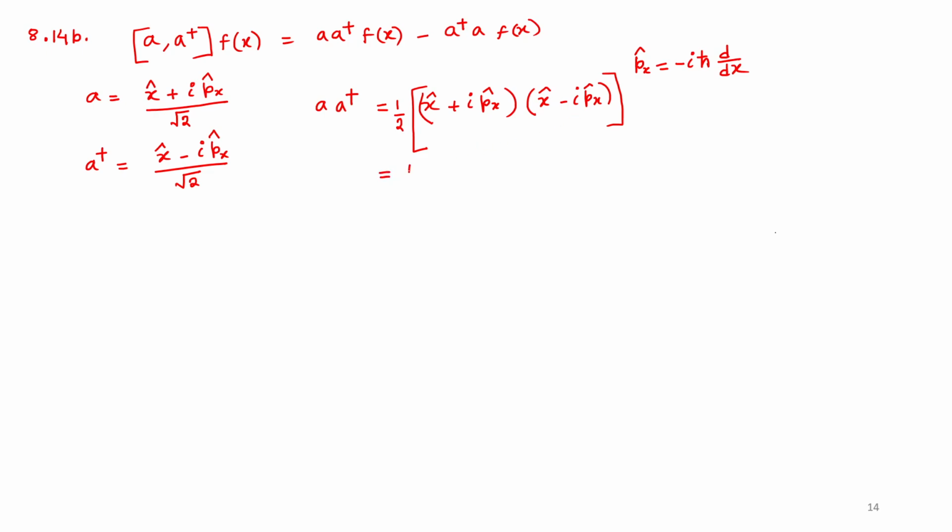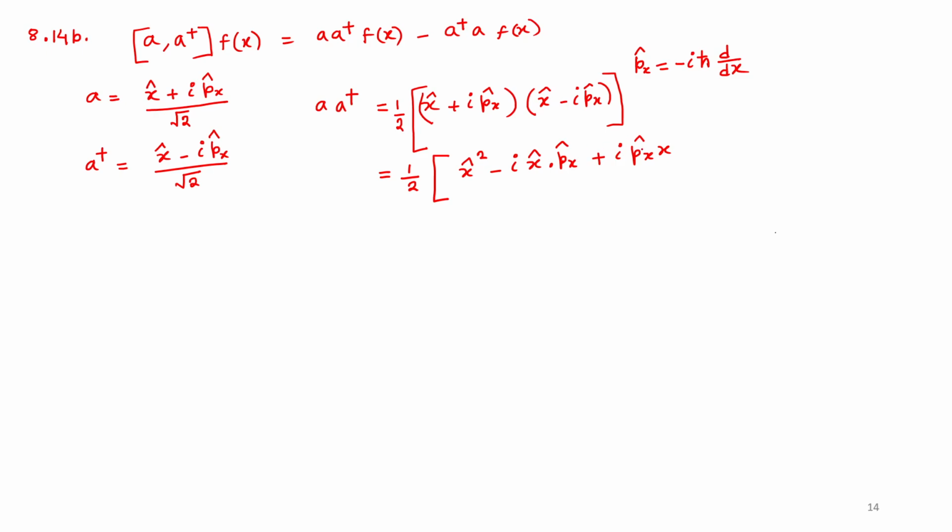So this is 1 by 2. You need to do it. This is actually x square, and then minus i x px, then plus i px x. If they were commuting, x and px, then you could have cancelled it.